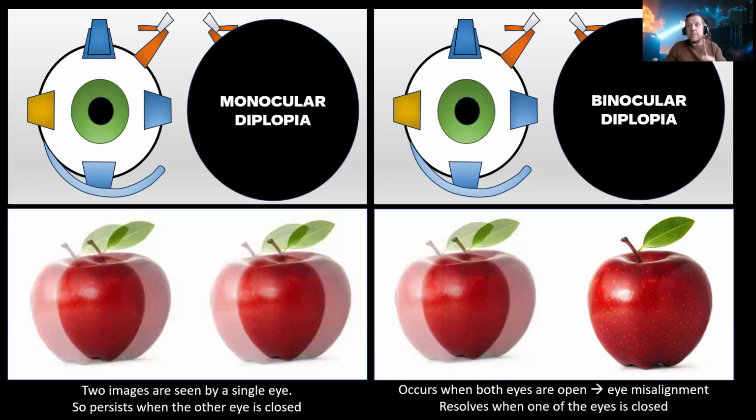This means that the diplopia is caused by a misalignment of both eyes. We know that the extraocular muscles are responsible for the position of both eyes, and they have to work in a very coordinated fashion to make our eyes look at the same object the same way to avoid diplopia.